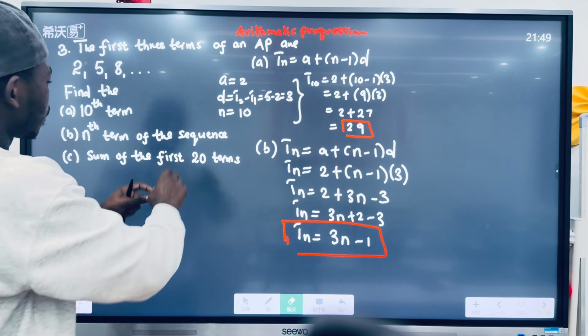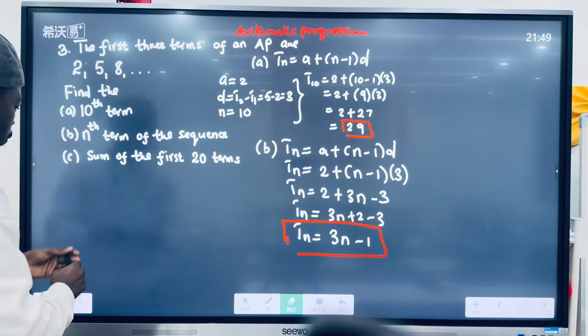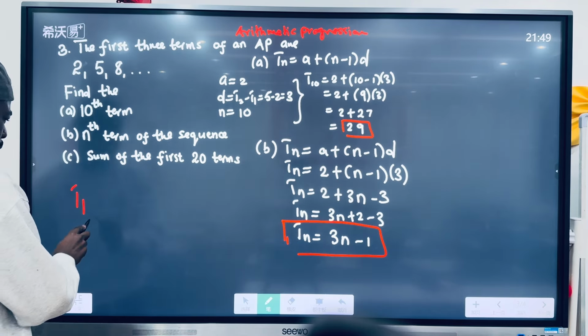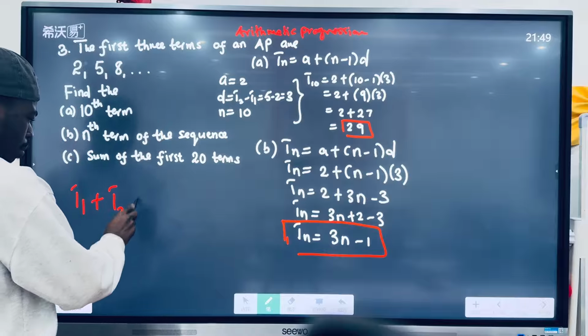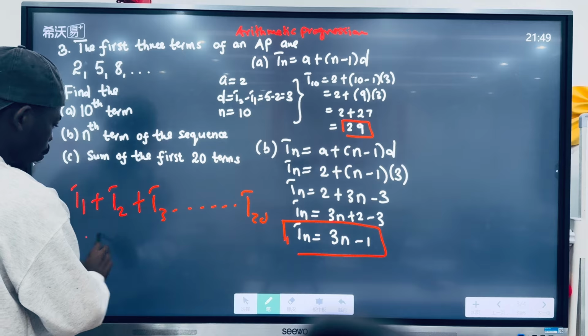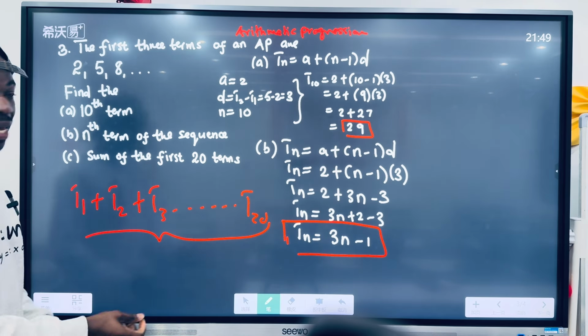When we say find the sum of the first 20 terms, we mean we want to add term number 1 plus term number 2 plus term number 3, all the way up to term number 20. Now, are we going to manually add them like this?